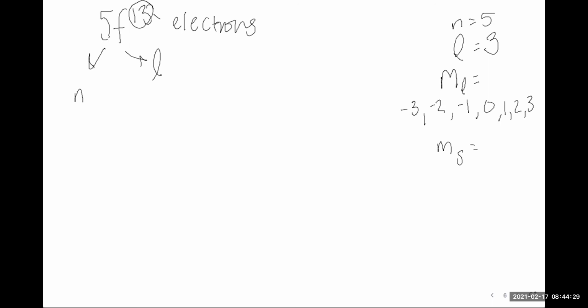Would it look like this? I lost count, but I want to say, because it's 13 electrons, and then with the number, oh no, wait.